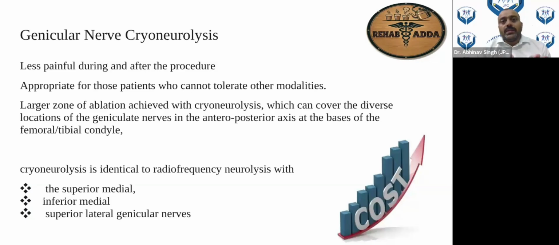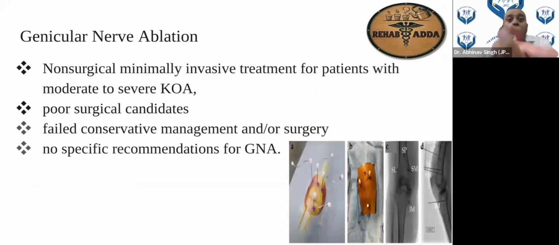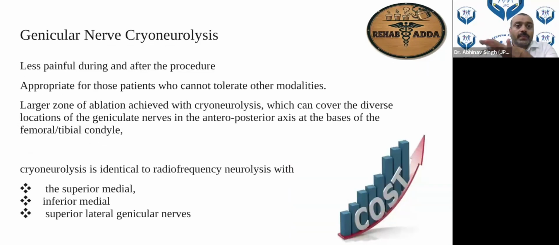And one thing, genicular nerve cryoneurolysis is less painful compared to the earlier one, even during and after the procedure. When you are giving this genicular nerve ablation, it is very painful. So simultaneously, we have to give local anesthesia at that point of time, because the patient will cry out when a nerve ablation is being done.